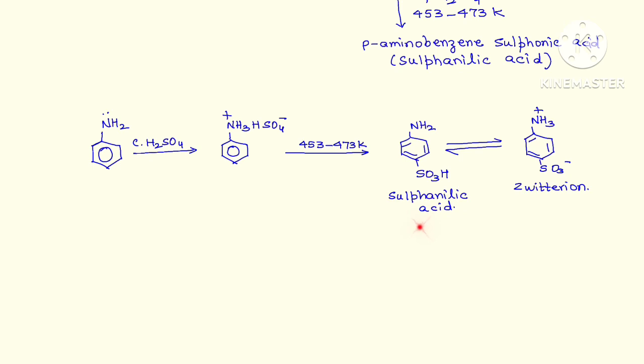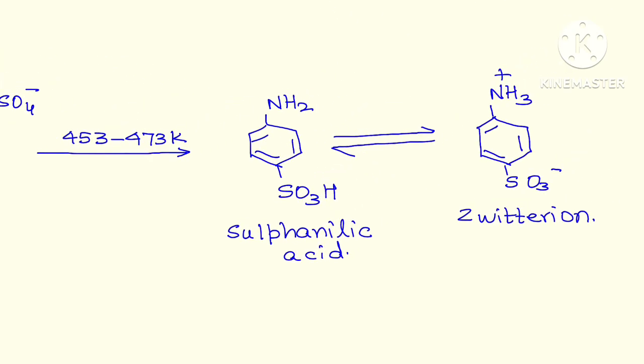Here this is a product which has a basic group and an acidic group at the same time. So there can be mutual transfer or mutual sharing of this hydrogen, so the H can be here or the H can be here. If H goes over here, my nitrogen is going to acquire a positive charge and an SO3 will acquire a negative charge.